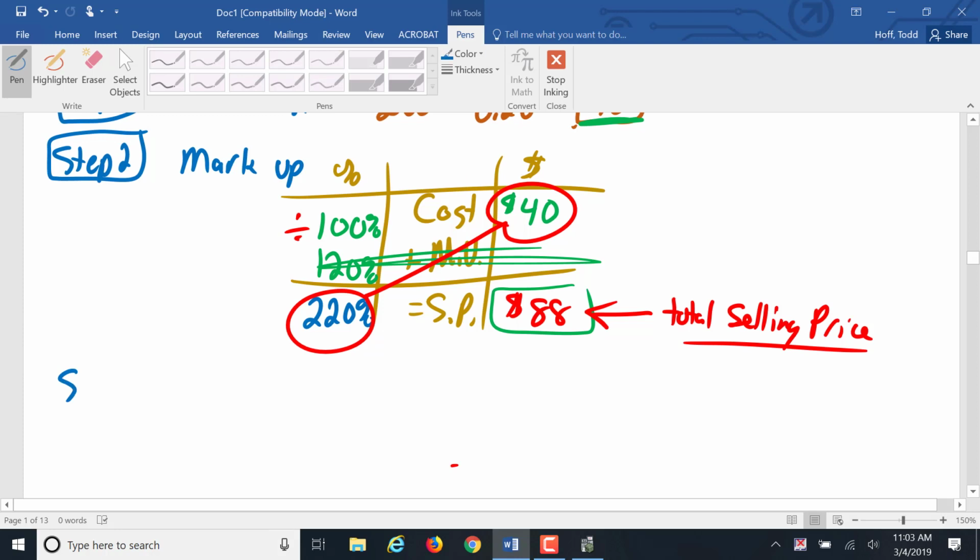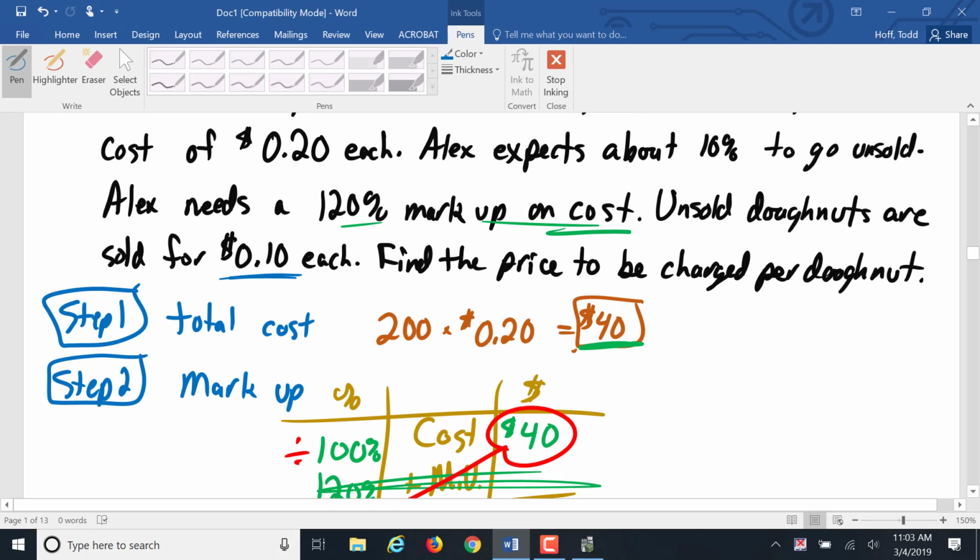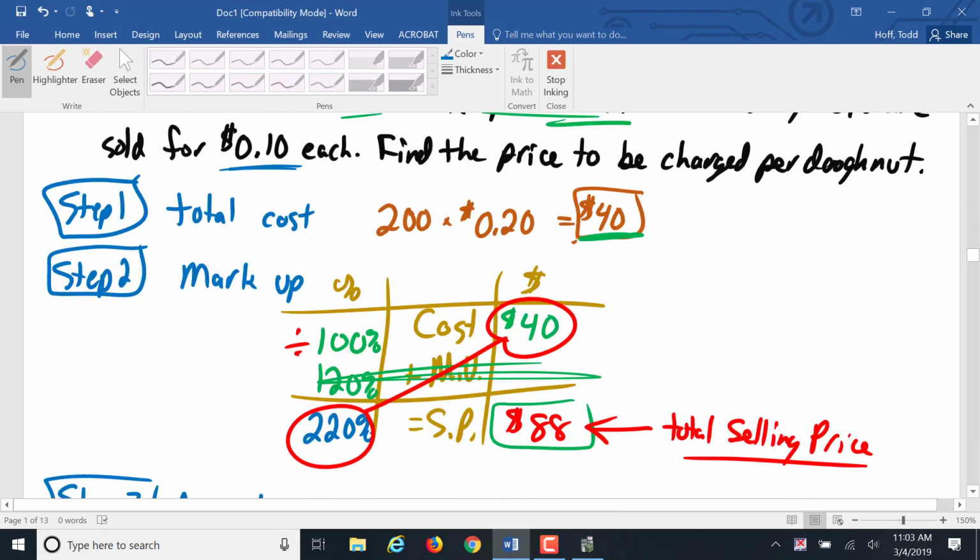Step 3 is slightly different. We need to find the amount sold and those unsold. So for this one, we said 10% go unsold out of 200.